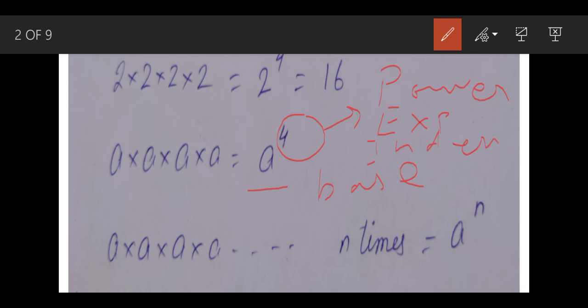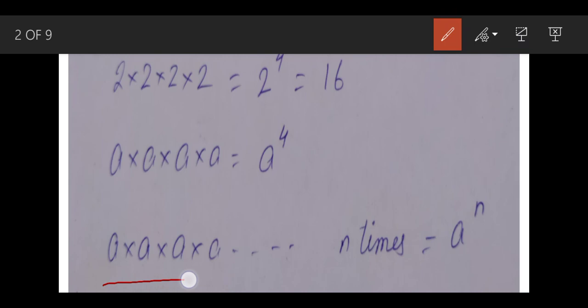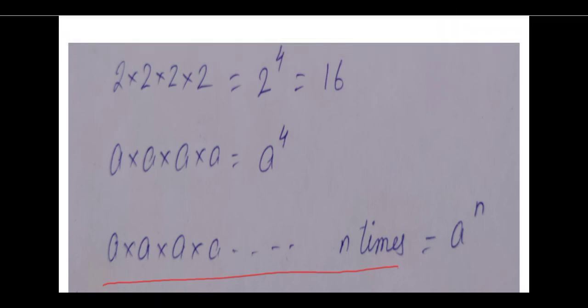We can write it as power or exponent or index, where a is the base. In a similar way, if we multiply a into a into a up to n times, this will become a to the power n.